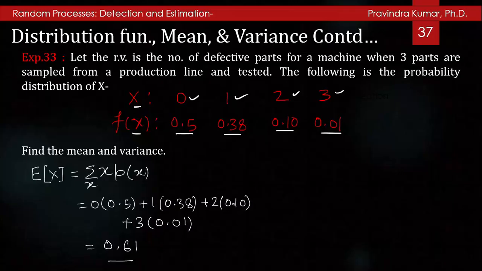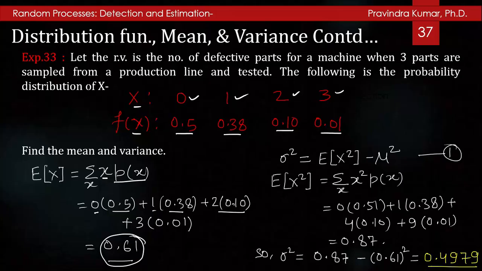You know the mean is the summation of x weighted by the probability of that particular value of x. So 0 into 0.5 plus 1 into 0.38 plus 2 into 0.10, and so on. You can find the expected value of the random variable x is 0.61.